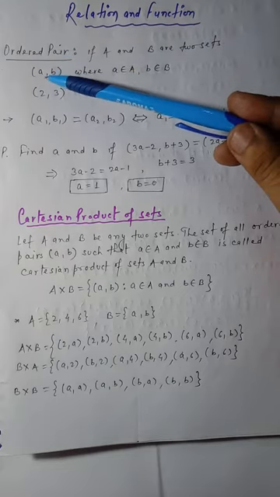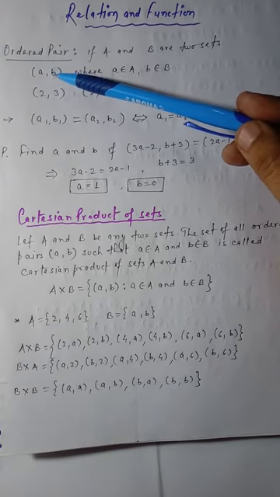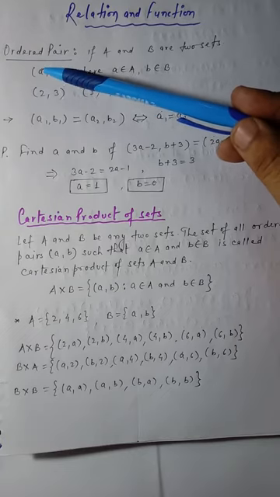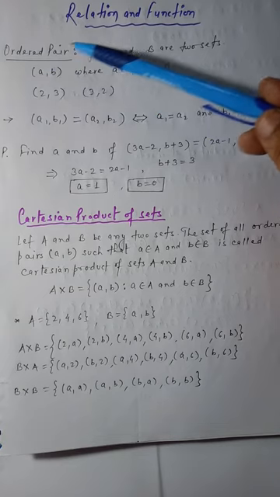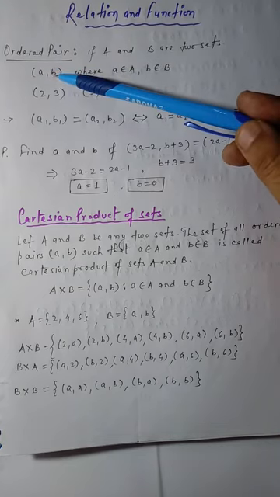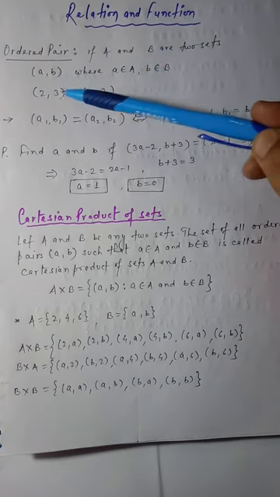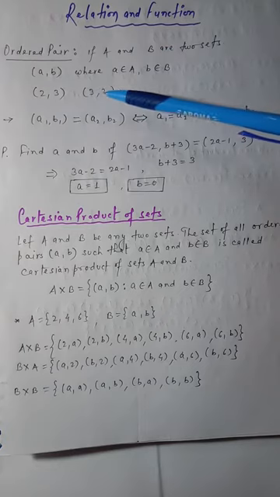We cannot write b comma a, because if we are writing b comma a, it means this b belongs to set A and this a belongs to set B. It means all the first elements in an ordered pair belong to set A, and the second element always belongs to set B. Right? Like 2 comma 3 and 3 comma 2, both are different.